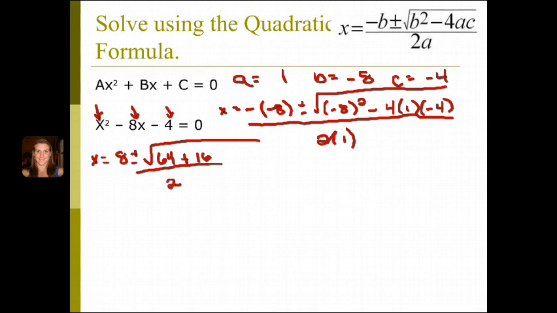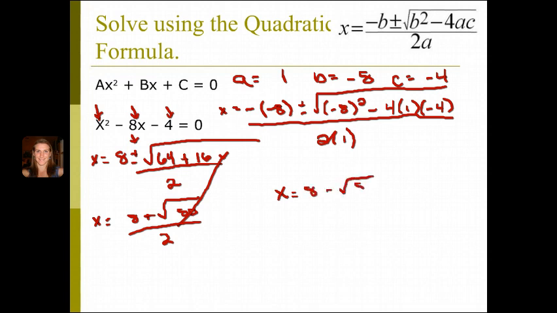So then we're going to split this up. This plus and minus sign we can't do at one time. So you have x equals 8 plus the square root of 80, divided by 2, and x equals 8 minus the square root of 80, divided by 2.